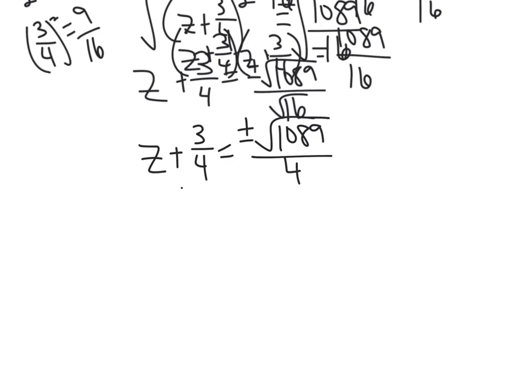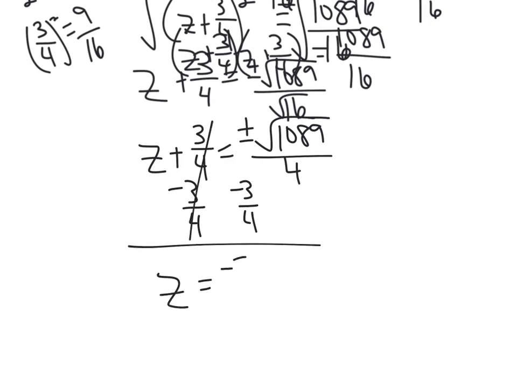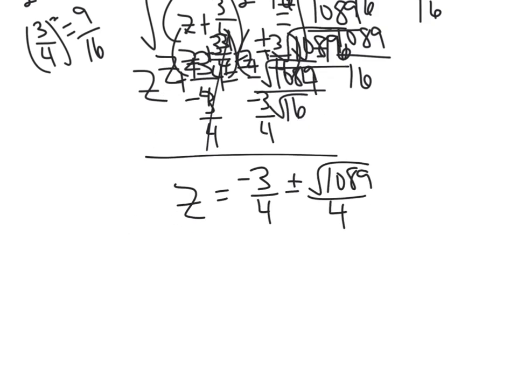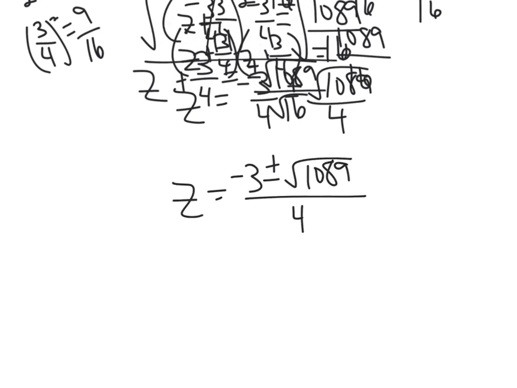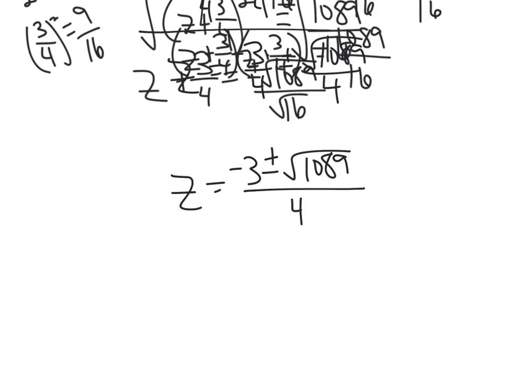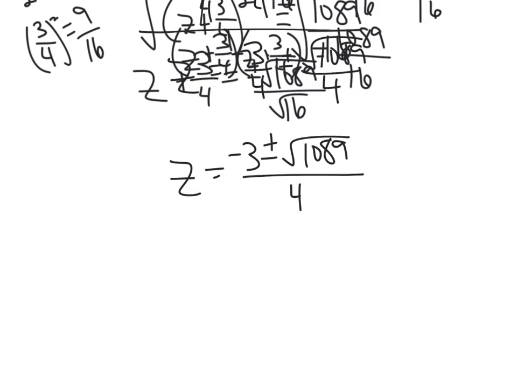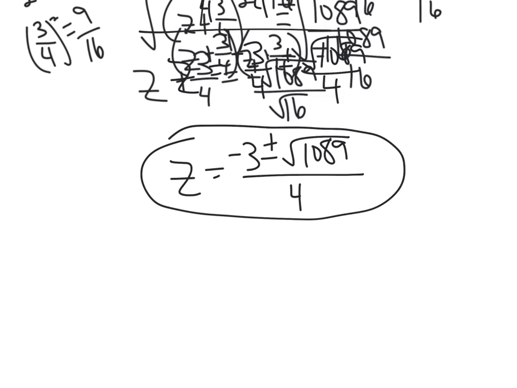So then we subtract 3/4 on both sides of the equation. And then both of these have denominators of 4, so we can combine that as one fraction. And then we can look at both parts of this. So this would be the exact answers.